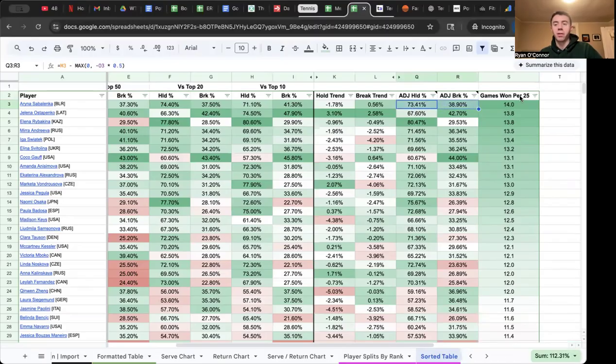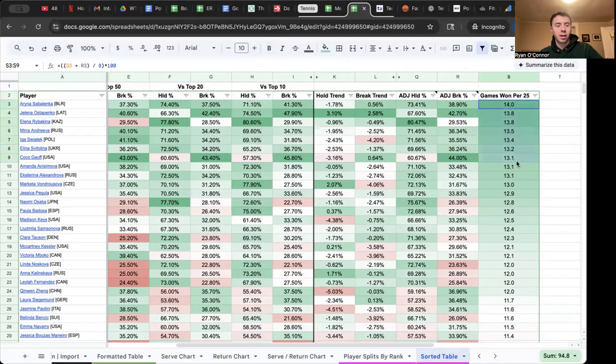I think the average is like 23, 24 in a best of three. So just for math purposes, I went with per 25, and this is the amount of games won that each person would win based on their holding, serving and returning, to try and put those percentages into more math terms for what they mean.